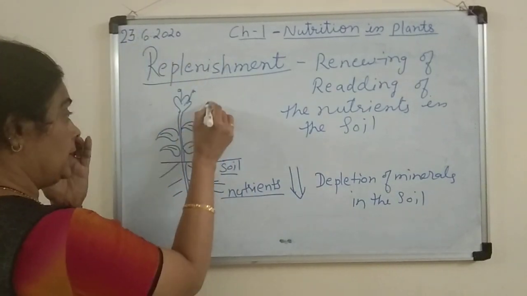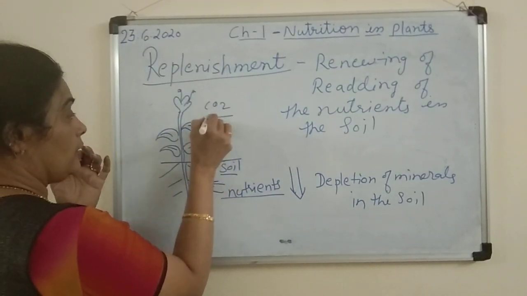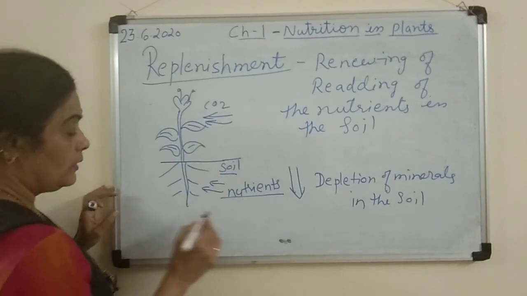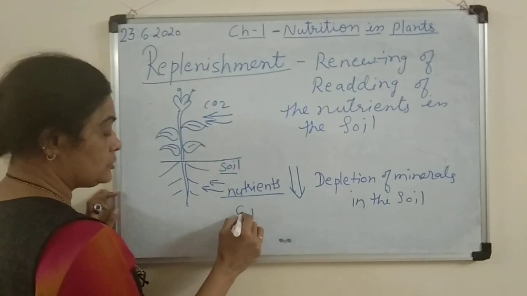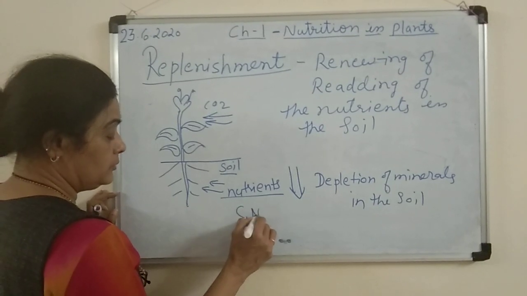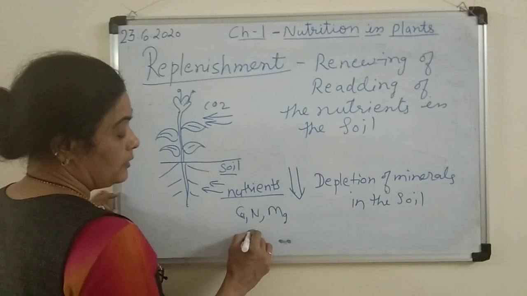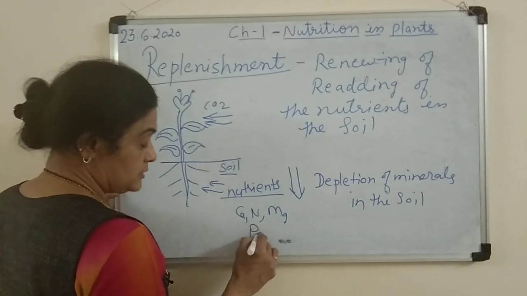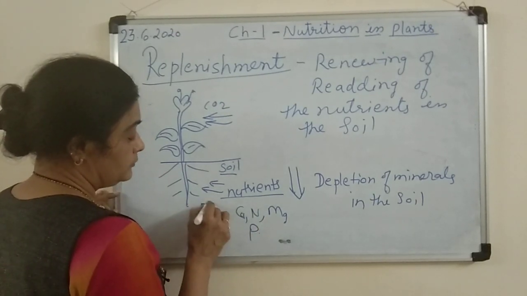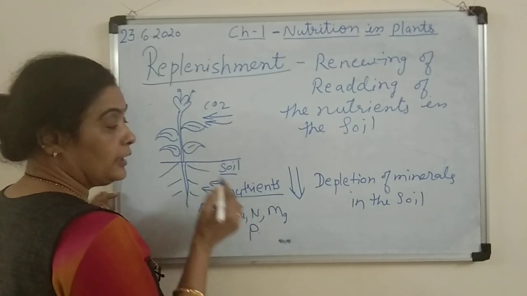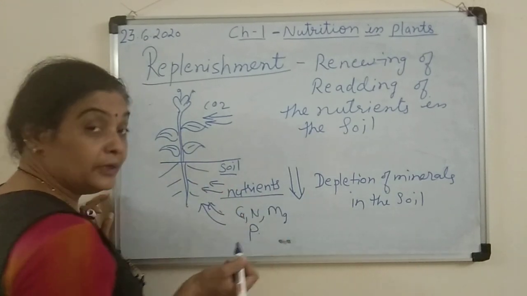Plants take carbon dioxide from air, but nitrogen, calcium, magnesium and phosphorus from the soil. Constantly they are taken, so there is depletion of minerals.